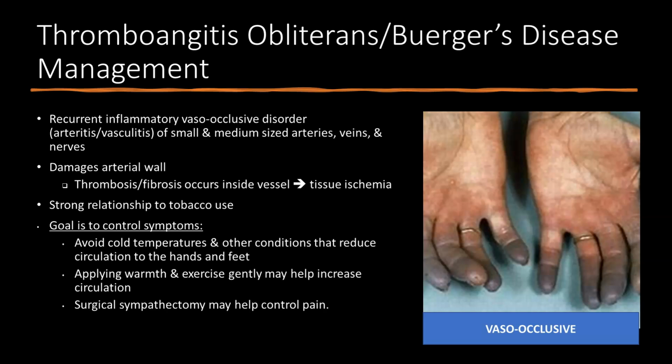So with this client, we do see that she has some cyanosis to her distal extremities. And it looks like if we don't do something immediately, they would probably be at increased risk for amputation.